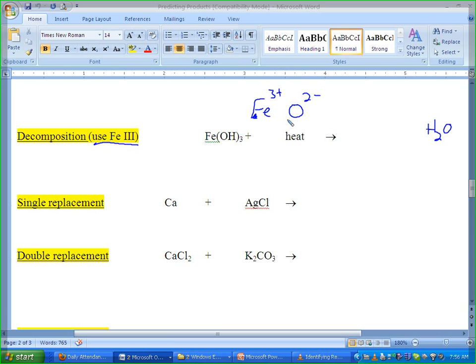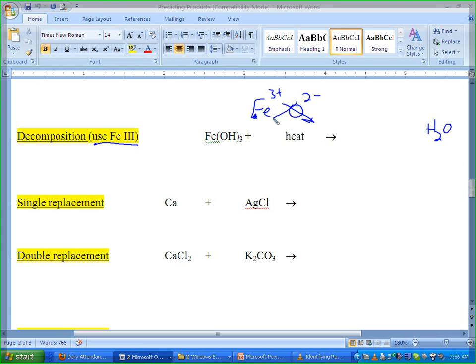Hi. All right. So the first thing I did is I wrote down the metal oxide and I wrote down the oxidation numbers. You were given Fe3, and you can look at the periodic table to see that oxygen is in group 6. Now this is where you can either do the crisscross method, like the guy talked about on the video from Moodle, or you can ask yourself, how many of each of these do I need to get the least common multiple, which will be 6, right?